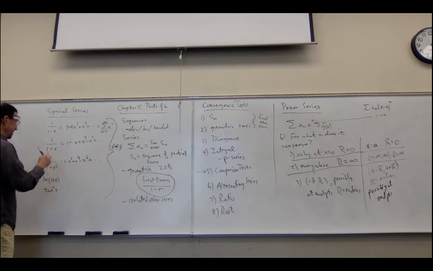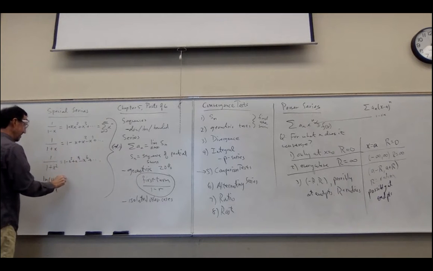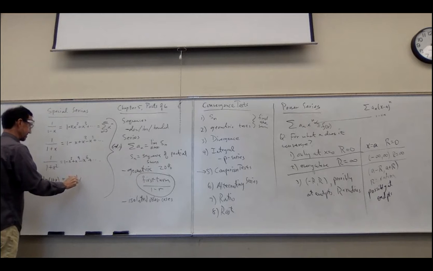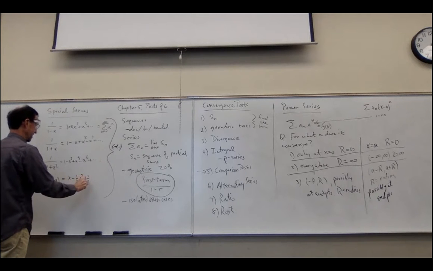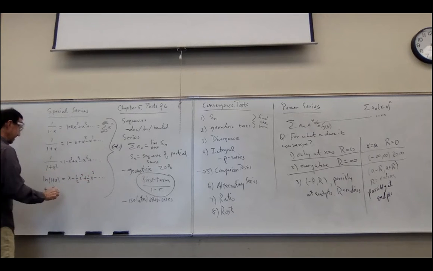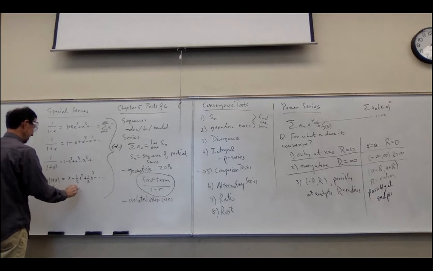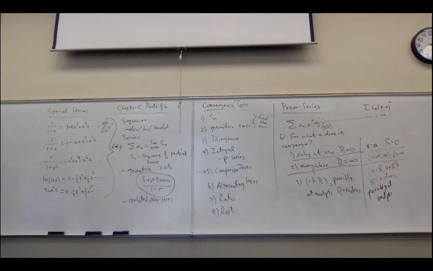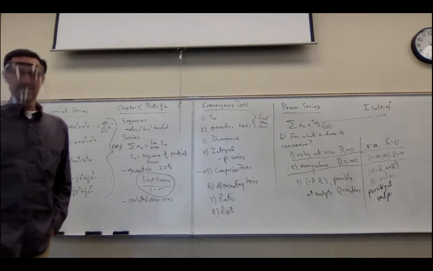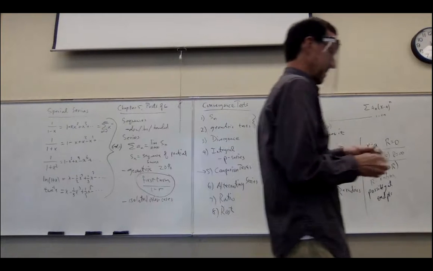Here we're integrating that one: x minus 1/2 x squared plus 1/3 x cubed. Here we're integrating that: x minus 1/3 x cubed plus 1/5 x to the 5th. And we could plug in the 64 with that x, just like we did on problem number 1 on the whole.